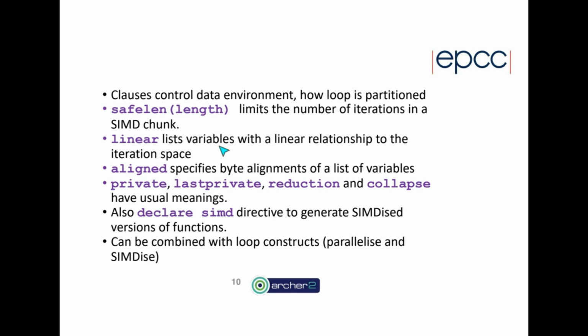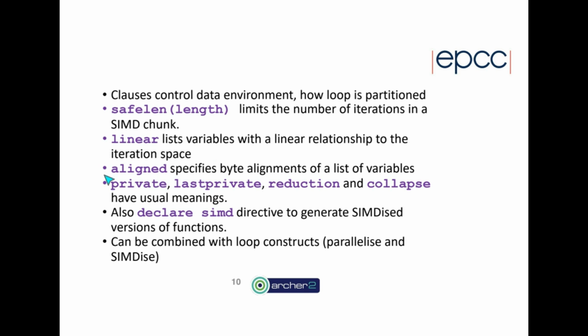Formally the compiler sees that as a dependency, but it's relatively straightforward. If you tell the compiler what they are, then it can essentially reformat the code so that those variables are directly computed from the loop iterator rather than incremented every time. So it can be dealt with fairly straightforwardly.